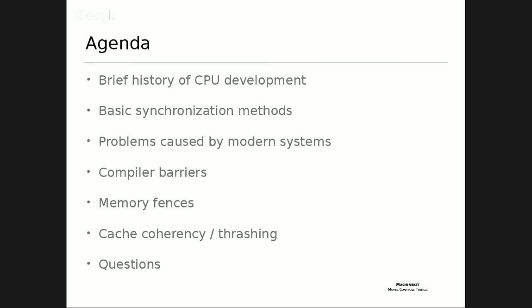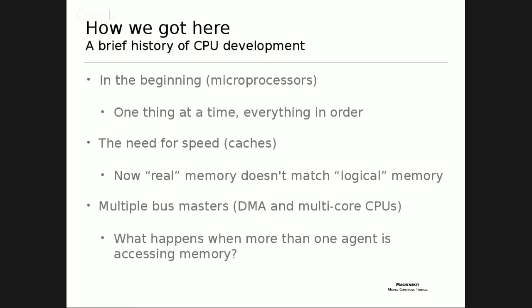So very briefly, what we're going to go over here. Back in the old days of microprocessors, when I was getting into computers, you had a few megahertz clocks. Memory accesses took many clocks. When the computer did a read or a write to memory, it just happened, and the computer just waited around until it was done. And you didn't have to worry about it.